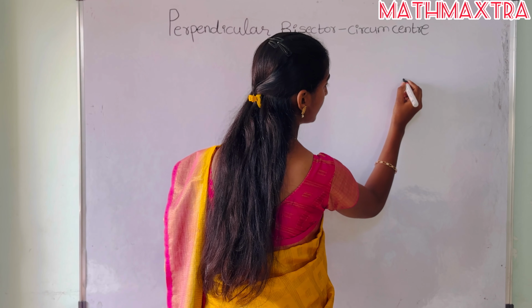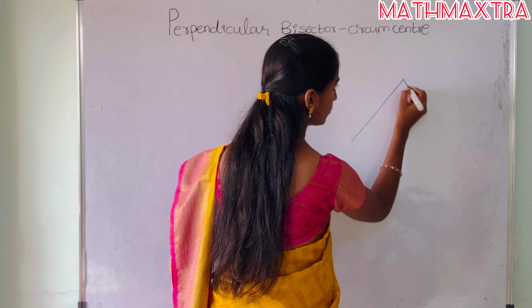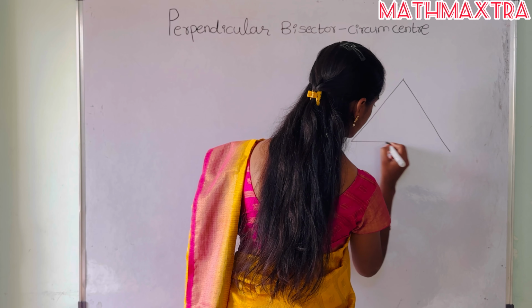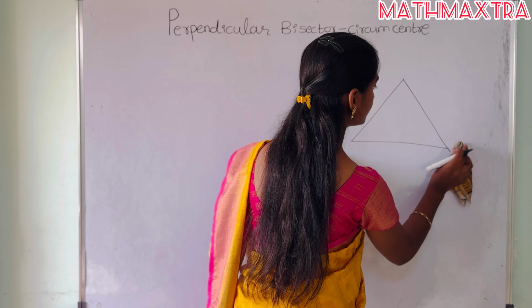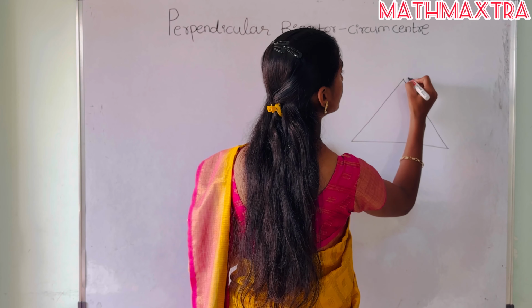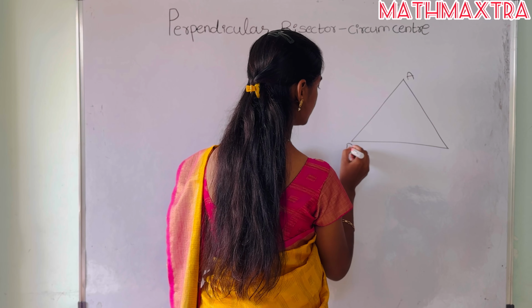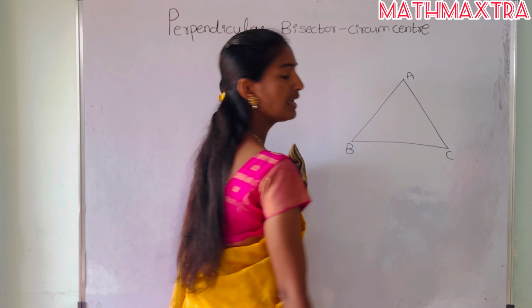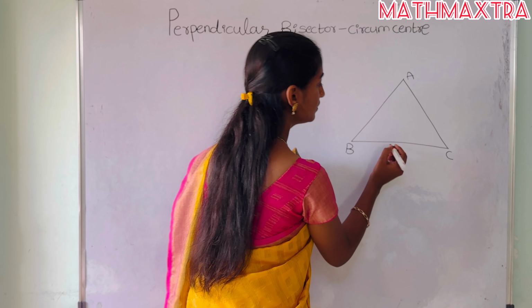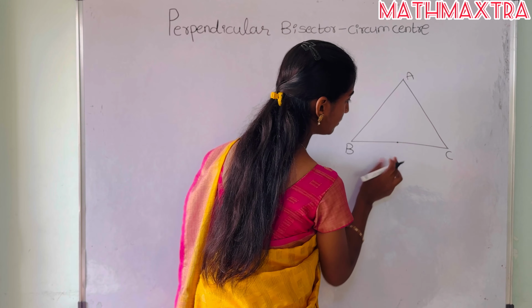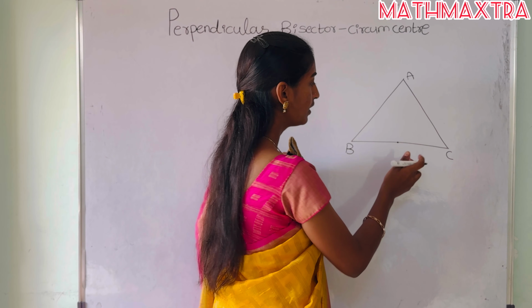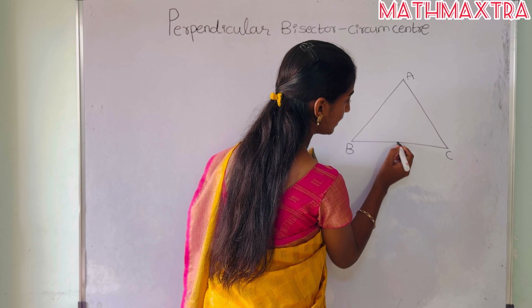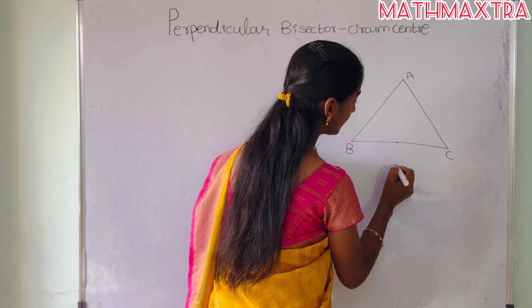See, consider one triangle. This is a triangle, and this is the midpoint of this side BC. We are drawing a perpendicular line.